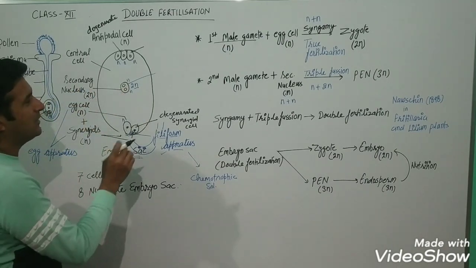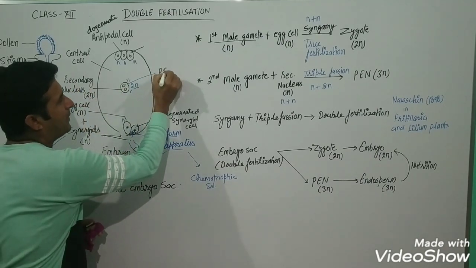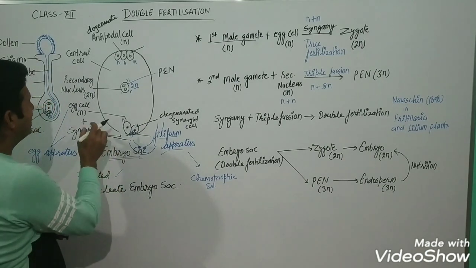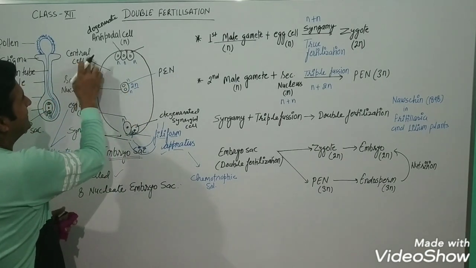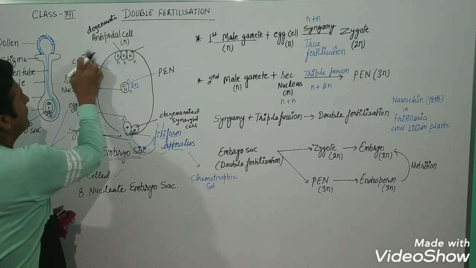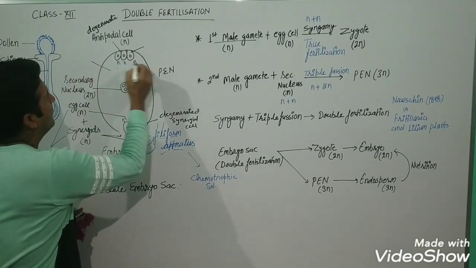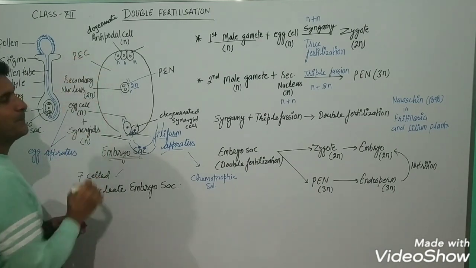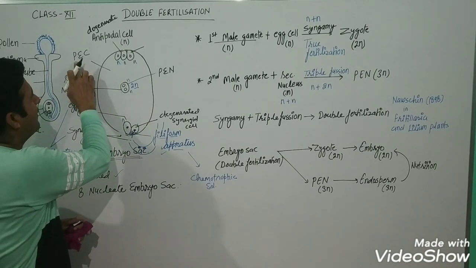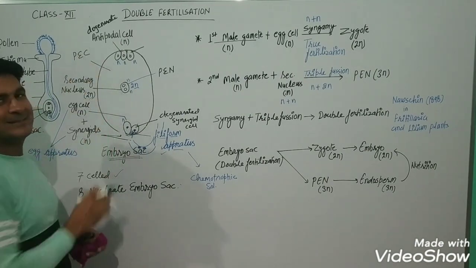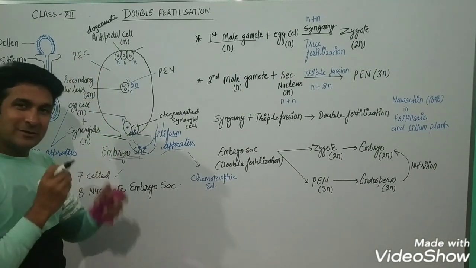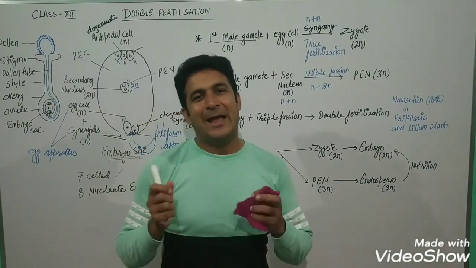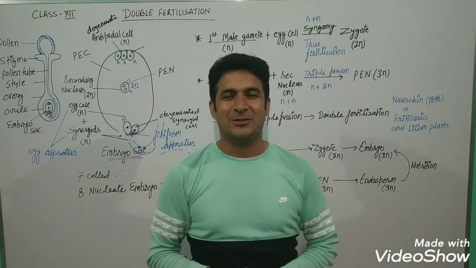The central nucleus will become the primary endospermic nucleus, right? And the central cell is now called what? PEC, that means the primary endospermic cell. So these are the changes which take place in the embryo sac after fertilization.